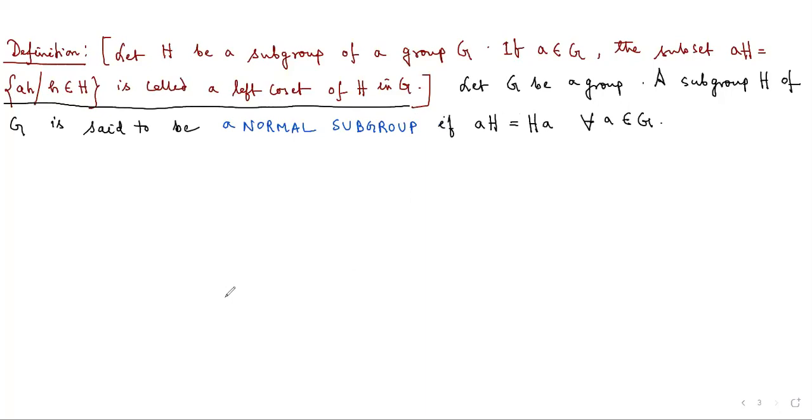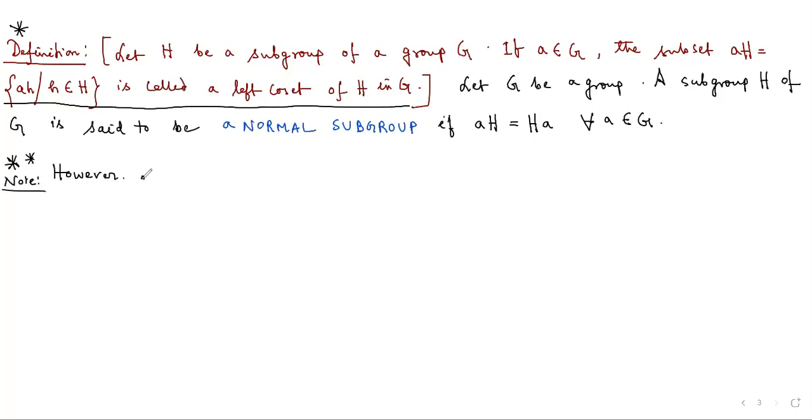But at the same time, you have to keep in mind another fact, which is also very important. However, this is not part of the definition. It is an extra note which I'm giving you.